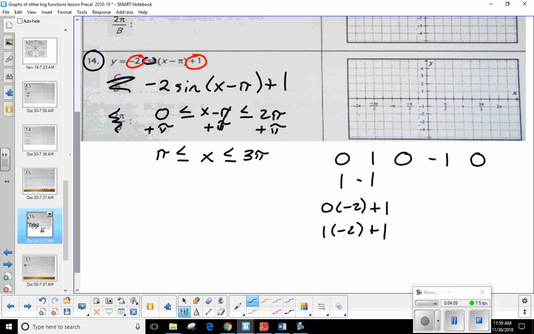So 0 would give me the exact same result, times -2 plus 1. Now we have -1 times -2 plus 1. That would give me 3. There we go. So is everybody okay with how I transformed my critical values? Okay, no problems there? All right.